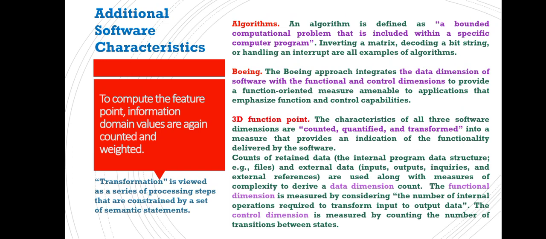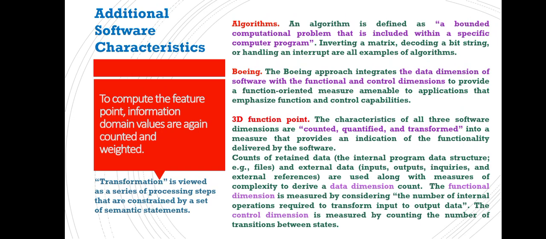So, the first one is the data dimension count, which includes the counts of internal data and external data, along with the measures of complexity. The next dimension is the functional dimension.